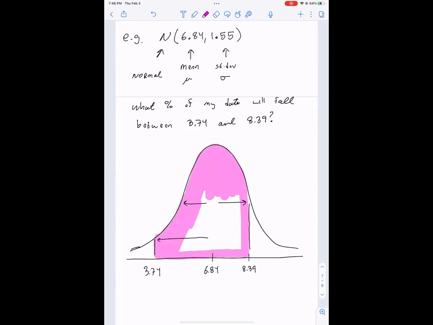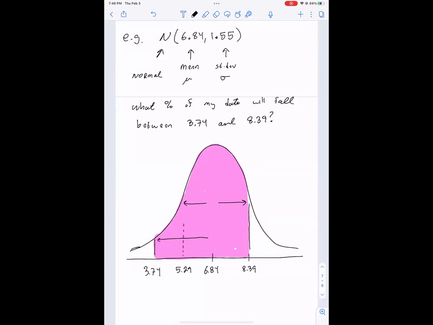What's 6.84 minus 1.55? 5.29. So 3.74 is not 1 deviation down. If I subtract another 1.55, that's when I hit 3.74. Oh, okay, it just happens to be 2 deviations down. Correct.